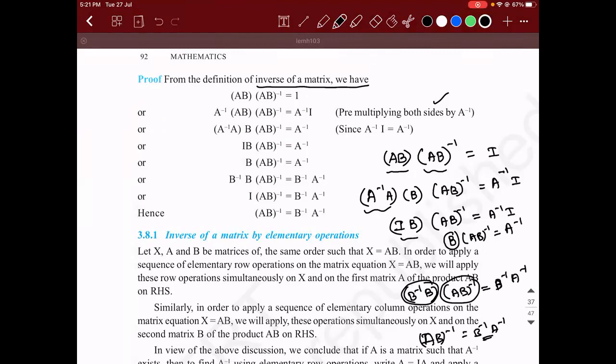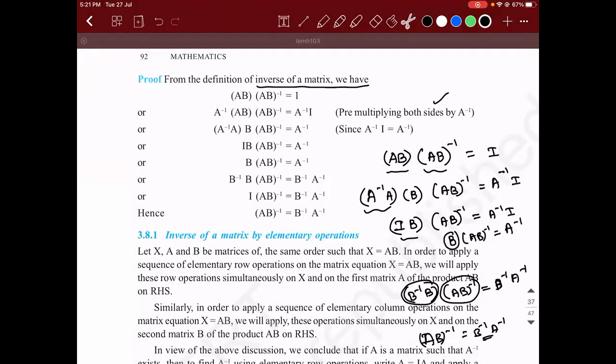Okay? Yes, sir. Is there anyone who's copying this? Yes, sir. One second.